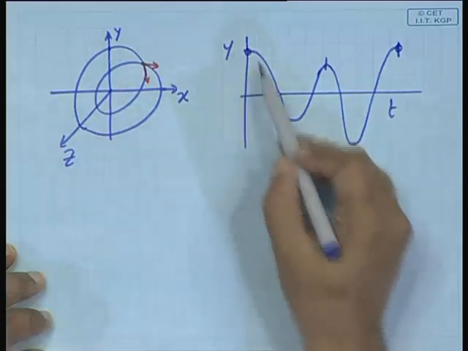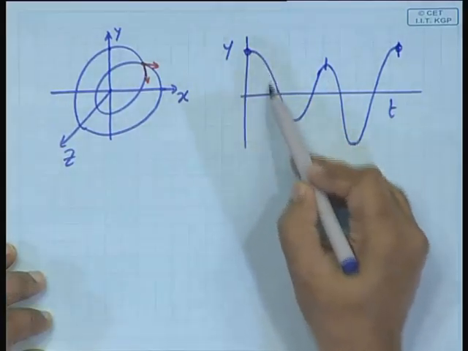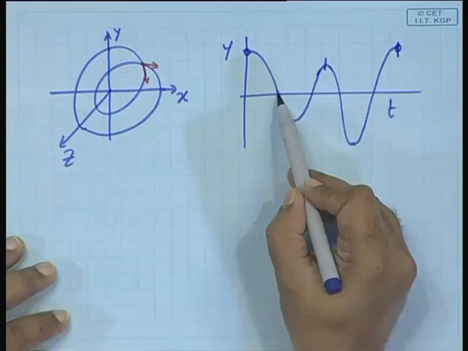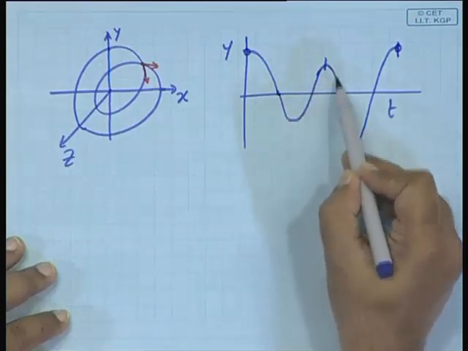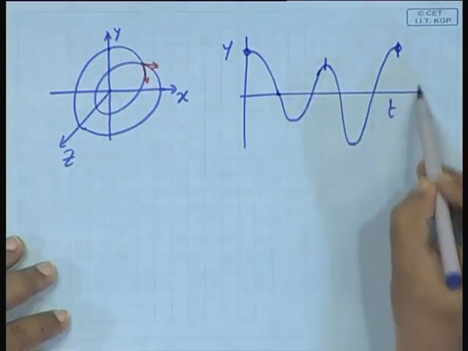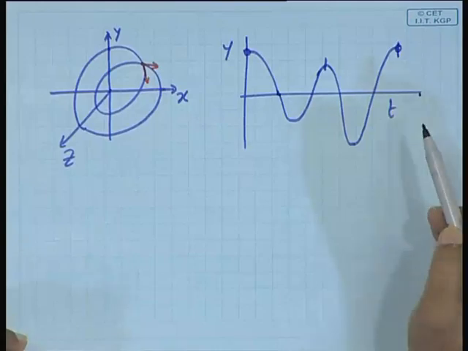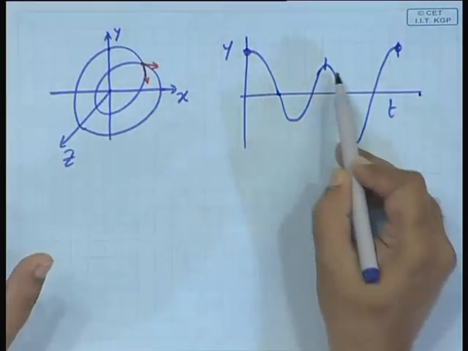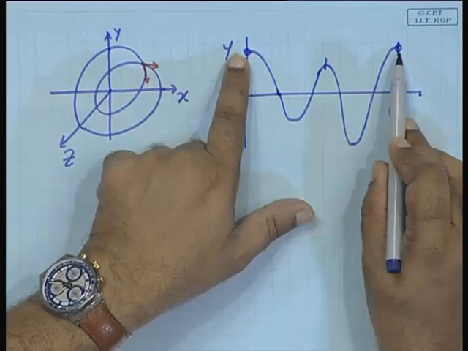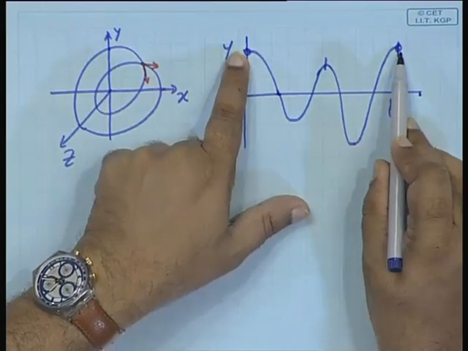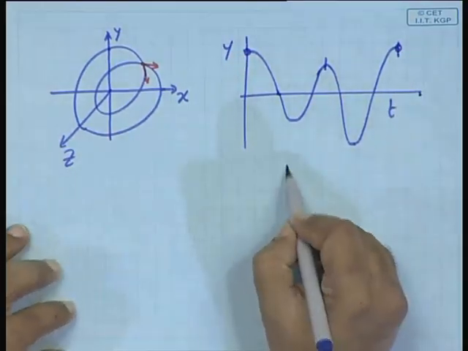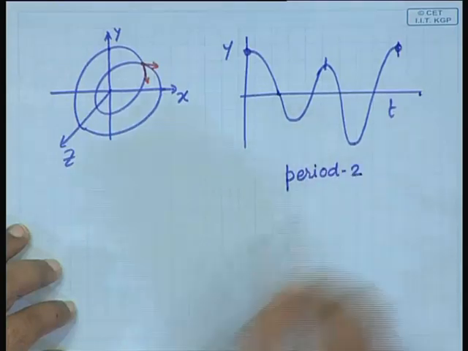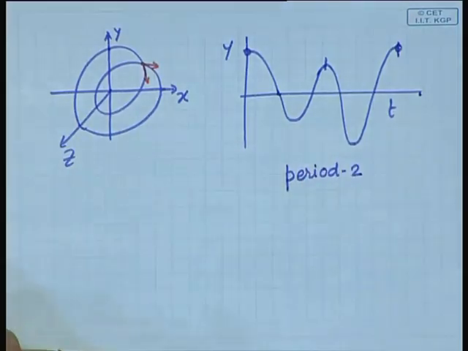There are 2 periods, 1 period and 2 period. If you are thinking of the zero crossing, start from here, 1 period, 2 period, and then only it comes to the same value. So, it actually has 2 periods inside its complete cyclic behavior. That is why it is called a period 2 limit cycle.